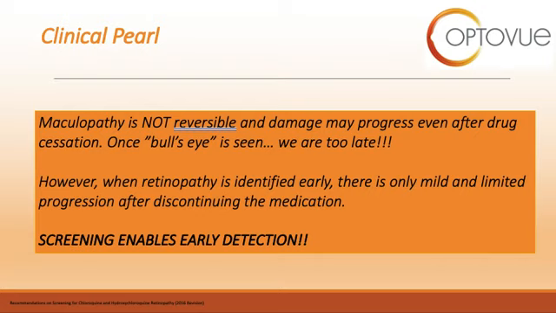So the goal here is that if we get the patient in for a baseline exam right when they start the medication, and then make determinations or decisions based on what we see each time that we screen them, that will help us for early detection, which will prevent, hopefully, the patients getting that central involvement that happened in this particular patient.